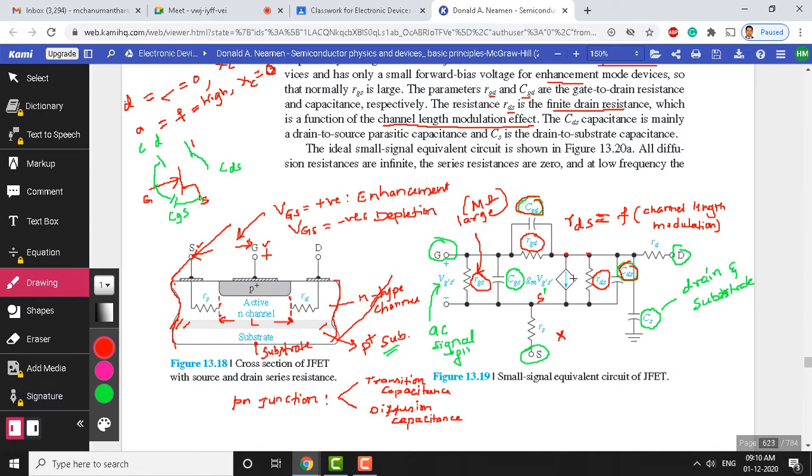circuit is very difficult. Therefore, we have to develop a model as simple as possible, so that we understand the circuits very easily. Any JFET circuit, you can plug in this model to analyze the details of the circuit.